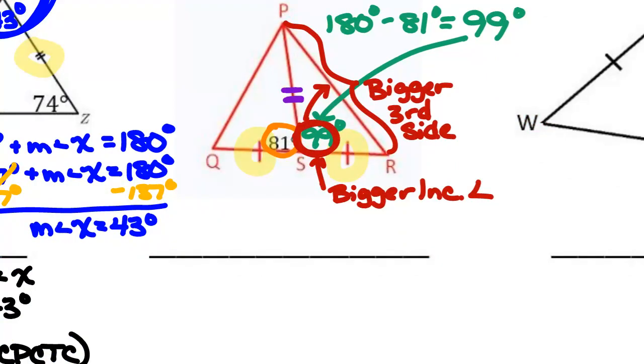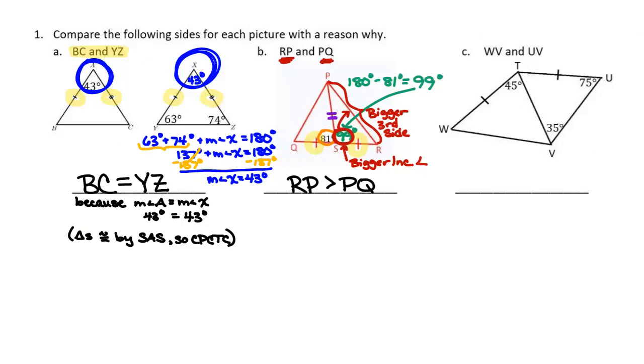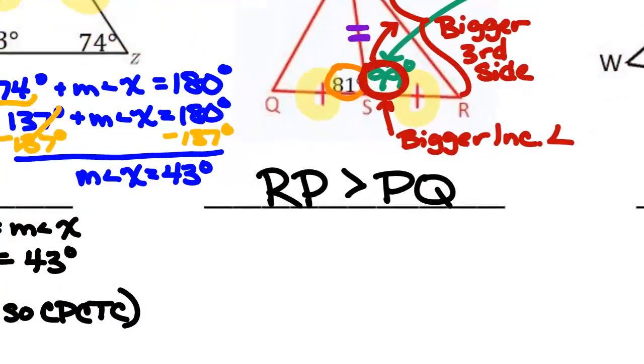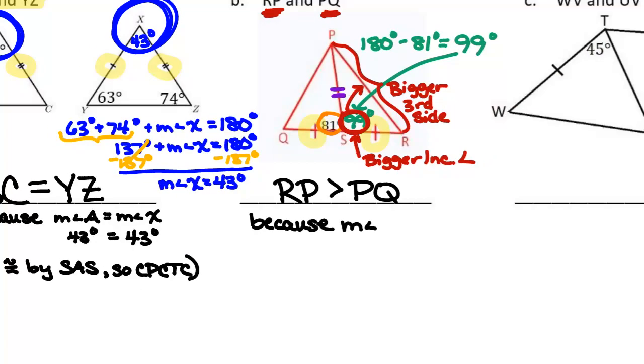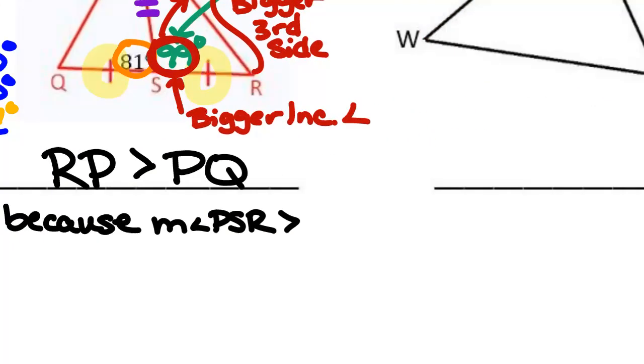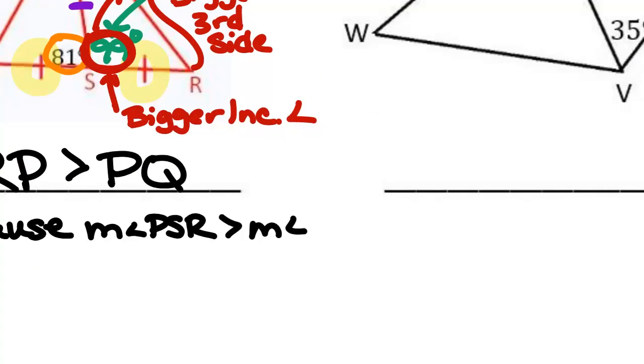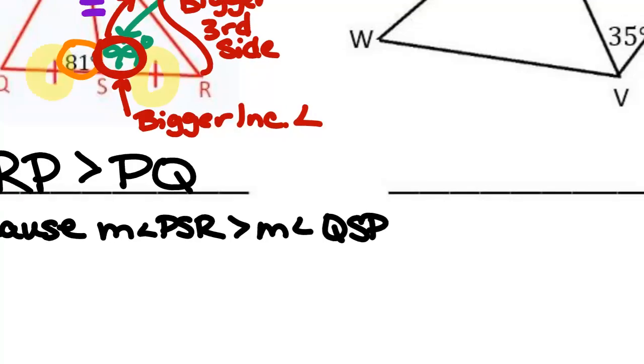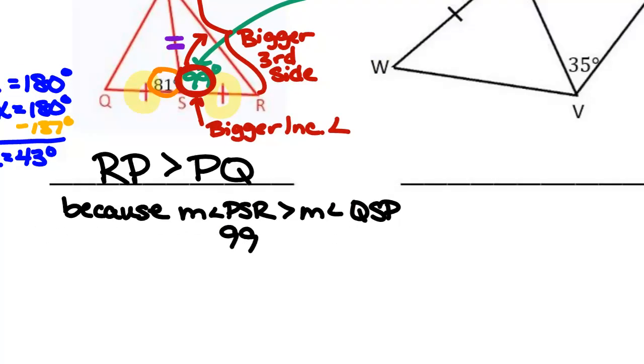So I'm going to write down RP is greater than PQ, because the measure of angle PSR is greater than the measure of angle QSP. 99 degrees is greater than 81 degrees.